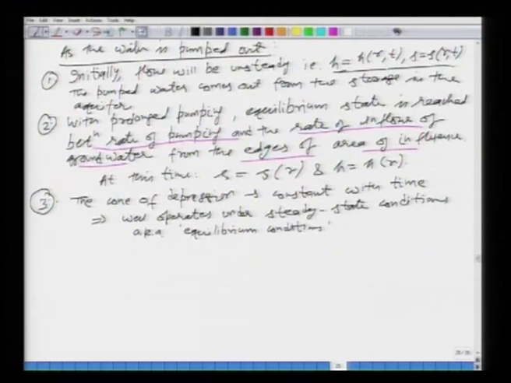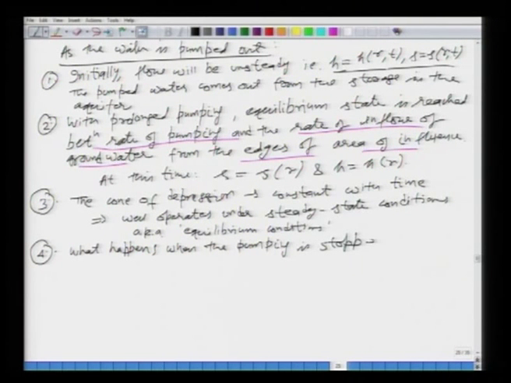So, let us look at the next point, which is number 4, about what happens when the pumping is stopped.